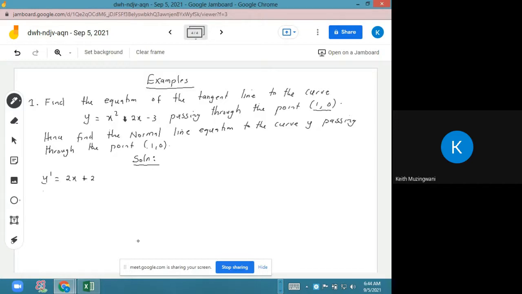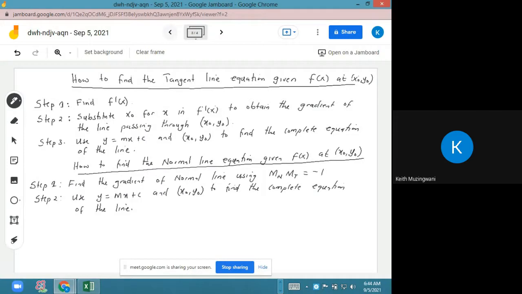So in this, where there is x, let's put 1, we'll get 4. So we are saying the gradient m is 4 for y is equal to mx plus c for the tangent. Okay? That's what the second point is saying. Then the third step, use that equation to find the complete equation.